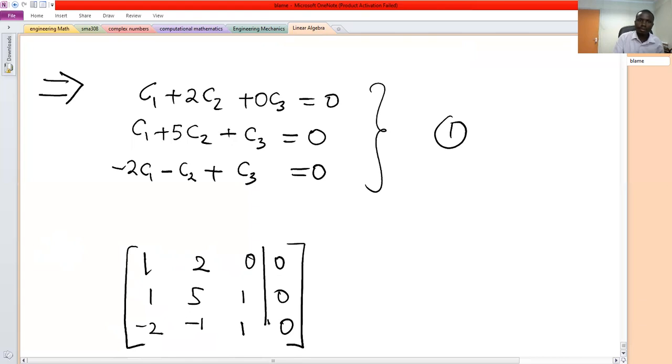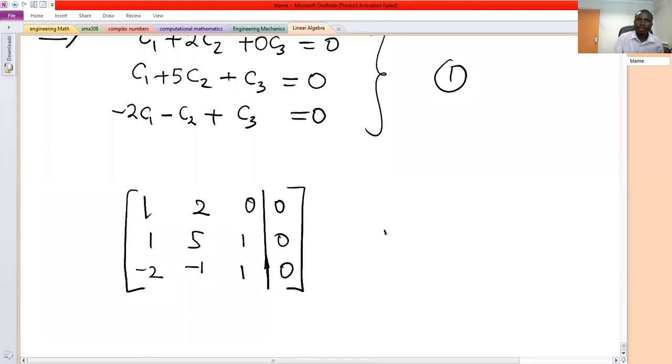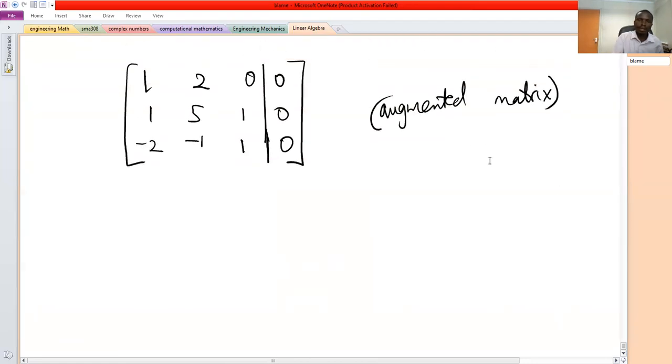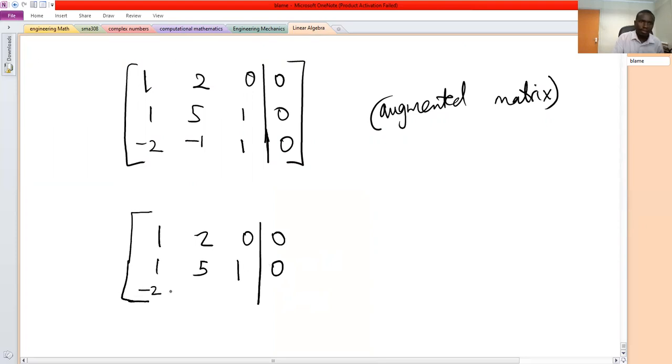This is what we call the augmented matrix. Now we solve it.